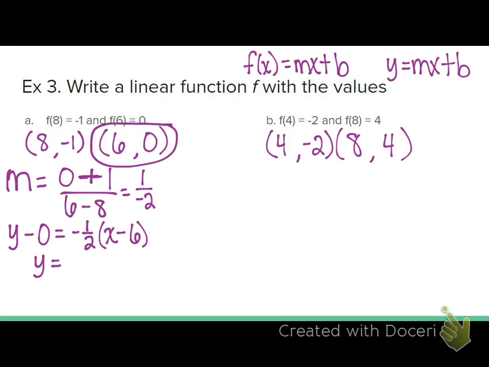When I distribute the negative 1/2, we've got to watch our signs. Yes, we would have negative 1/2 x plus 3. Good. A negative times a negative turns that positive. So we really only had to take one step to get from the point slope to slope intercept because y minus 0 is just y.